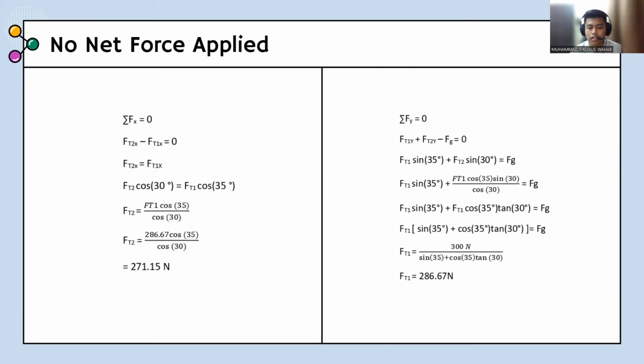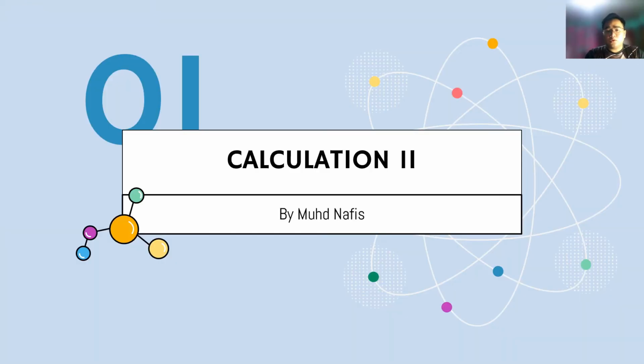Then we substitute the Ft1 value into Ft2, so Ft2 is equal to 286.67 cos 35 over cos 30, and we get the tension for Ft2 equal to 271.15 Newton. Thank you. Now let's continue to the next slide, which is calculation 2.